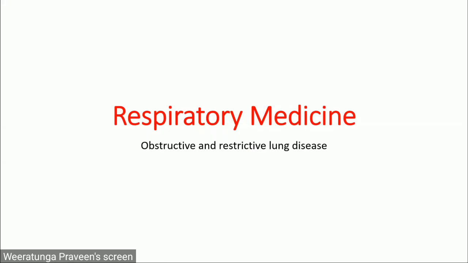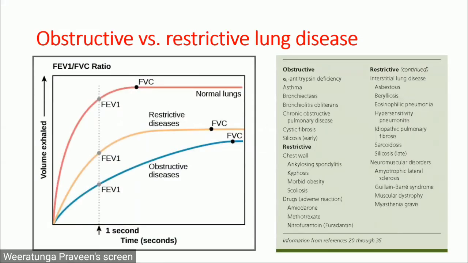Now, a key categorization of respiratory disorders is made based on the FEV1/FVC ratio on spirometry, into obstructive airways disease and restrictive airways disease. I've given you a list of all the causes of obstructive and restrictive airways disease on the right side of the slide, so please familiarize yourself with these.